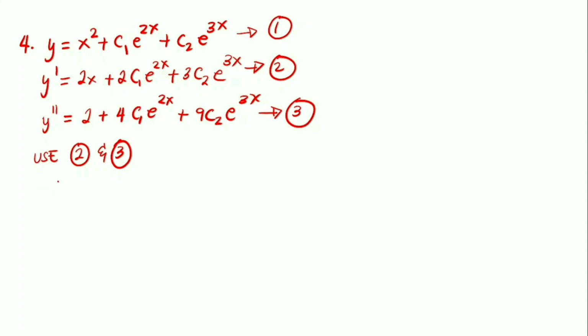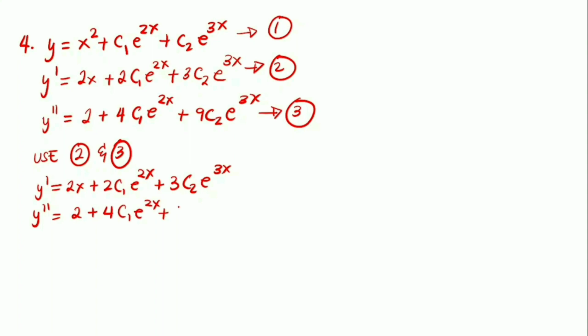So, the equation 2 is y prime is equals to 2x plus 2c sub 1 e raised to 2x plus 3c sub 2 e raised to 3x. The equation 3 is y double prime is equals to 2 plus 4 c sub 1 e raised to 2x plus, sorry, plus 9 c sub 2 e raised to 3x.